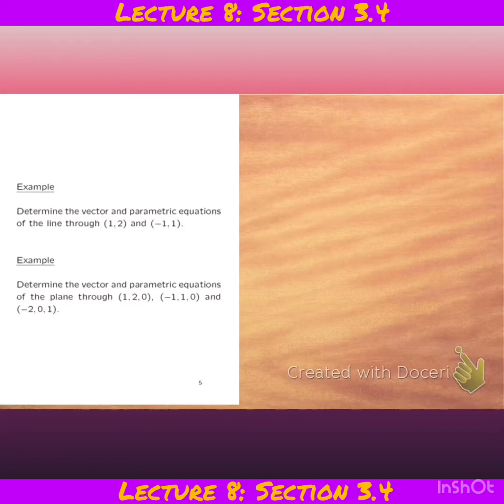All right, so in the first example, we are asked to determine the vector and parametric equations of the straight line through those 2 points. How are we going to go about doing this? The one point is the point 1, 2, and the other point is the point -1, 1.